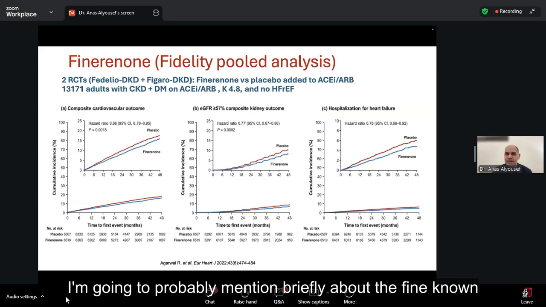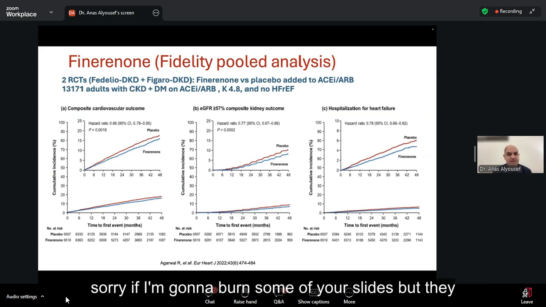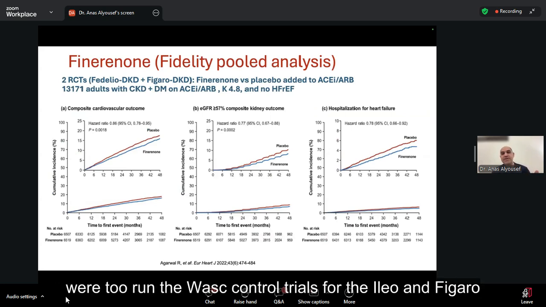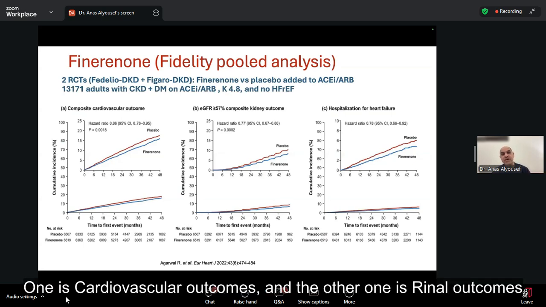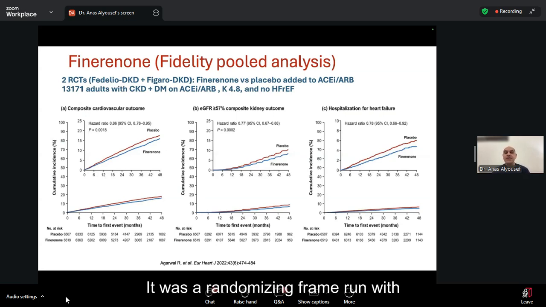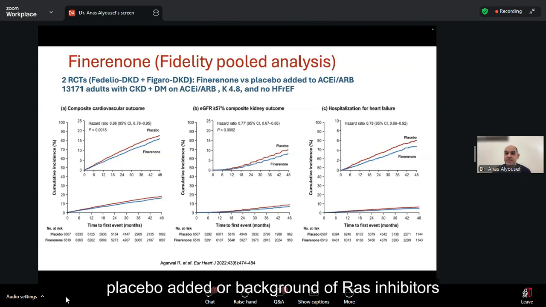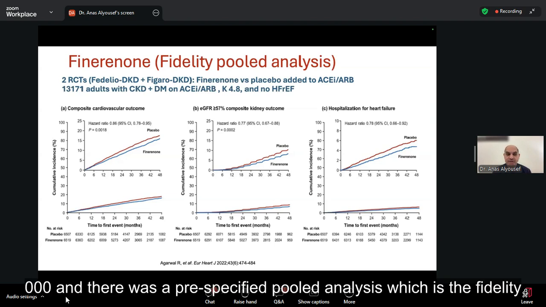I'm going to briefly mention finerenone. Sorry, Dr. Ahmed, if I burn some of your slides, but there were two randomized controlled trials, FIDELIO and FIGARO. One looked at cardiovascular outcomes, and the other at renal outcomes. They randomized finerenone versus placebo, added on a background of RAS inhibitors, about 13,000 patients. Then there was a pre-specified pooled analysis, which is FIDELITY.